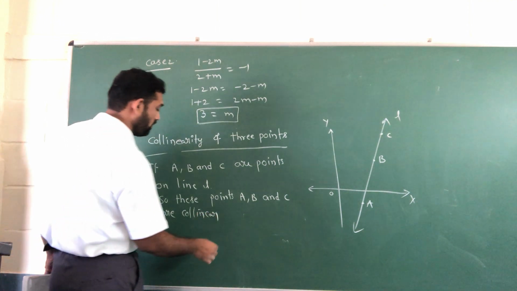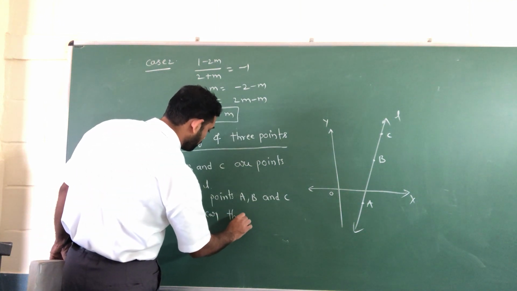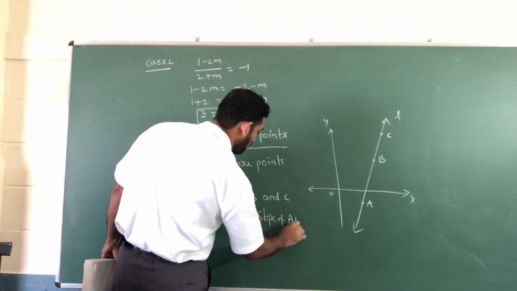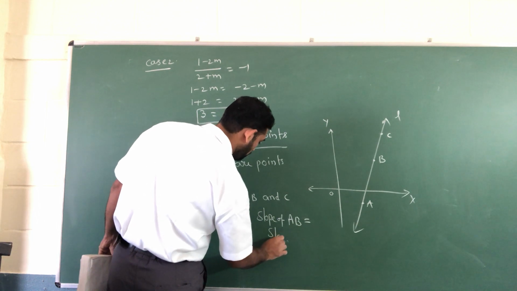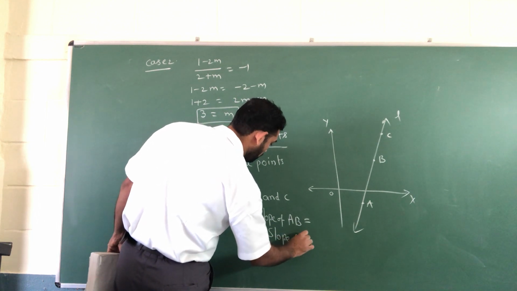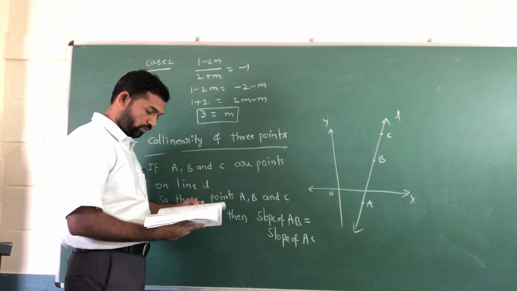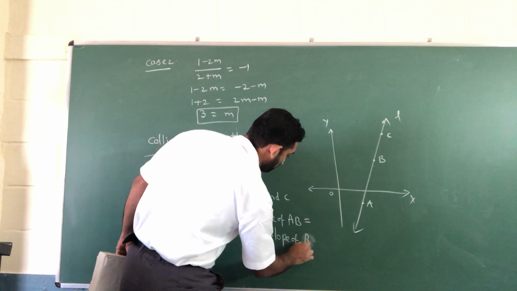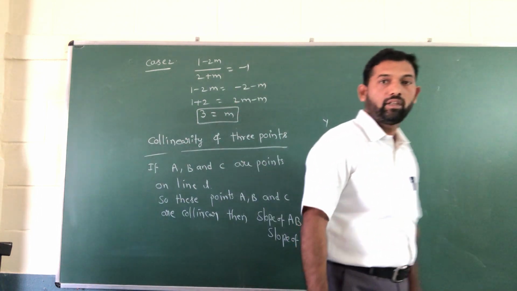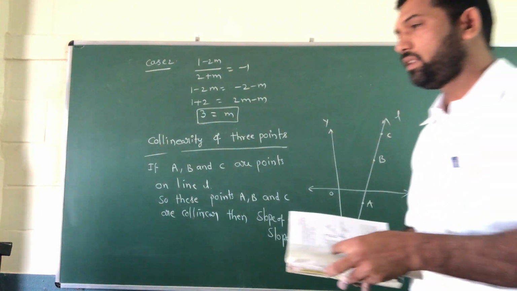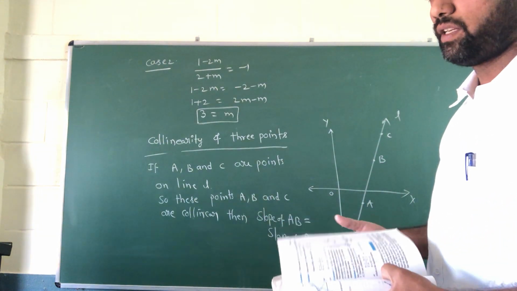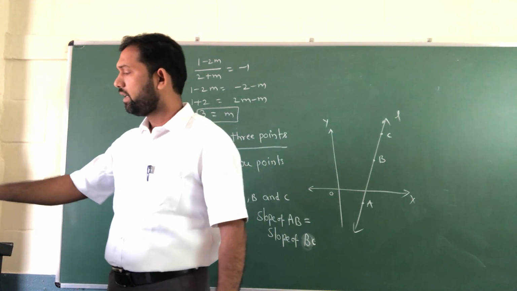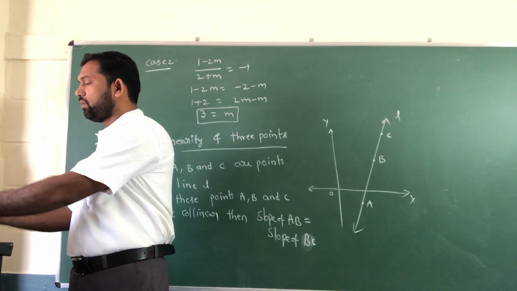Collinear means the slope of AB is equal to the slope of BC. If three points are collinear, then the area of the triangle is also 0.